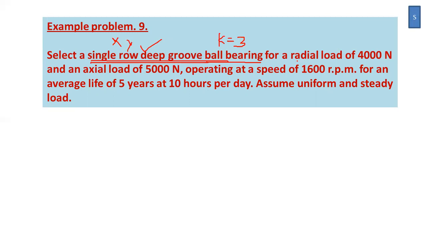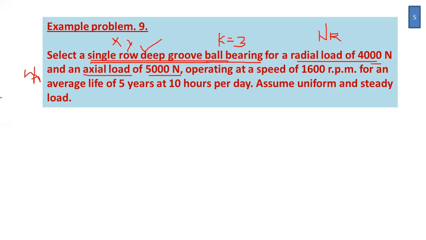Here the radial load WR is given, WR equals 4000 newtons. And the axial load, or thrust load, WA is given: WA equals 5000 and WR equals 4000.